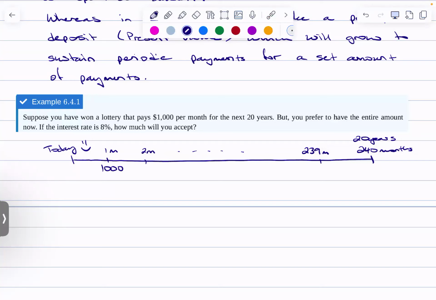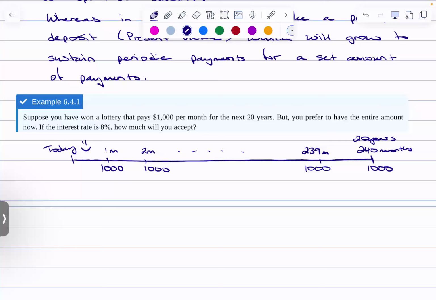Here it is, $1,000 or deposit or whatever. Hopefully not checks. It's terrible. $1,000, $1,000, $1,000, and the last $1,000.